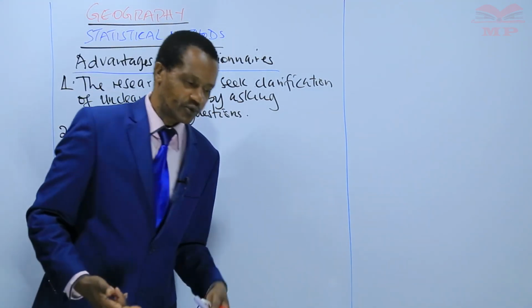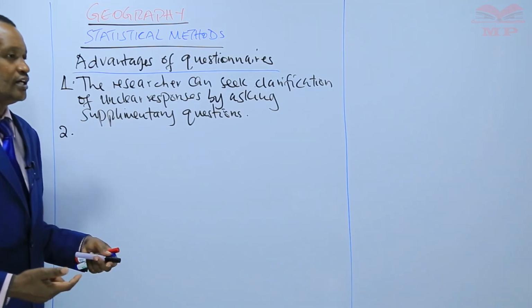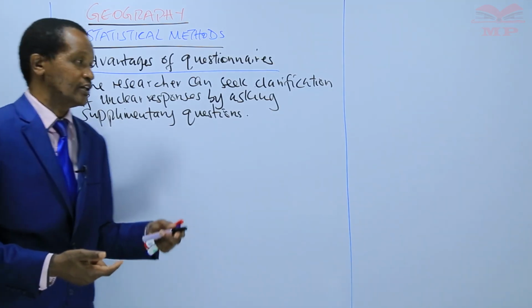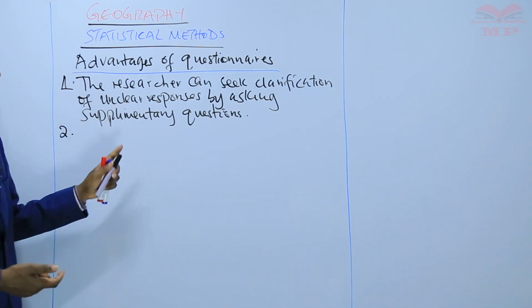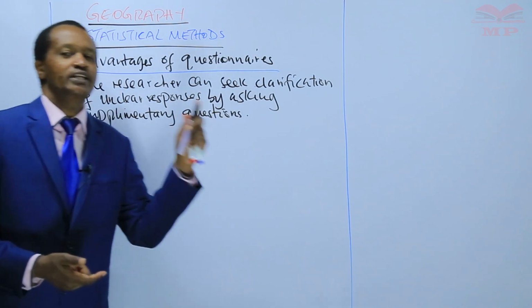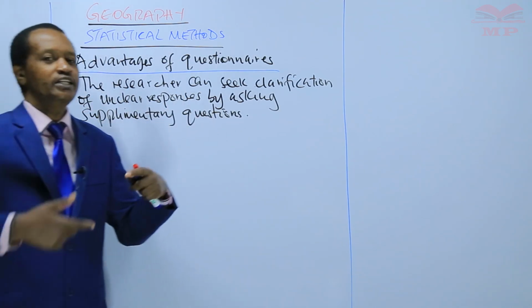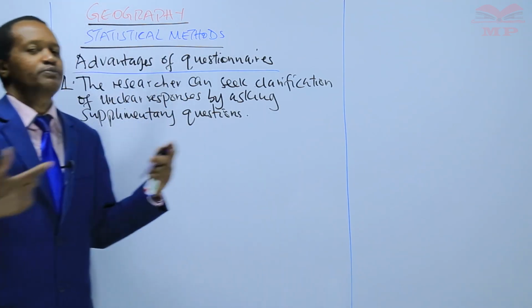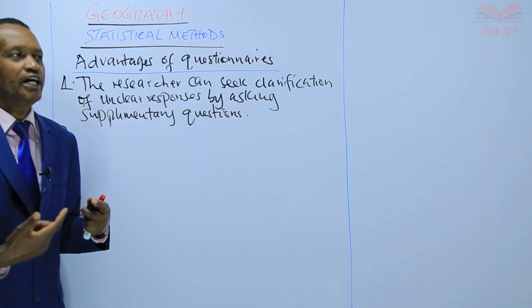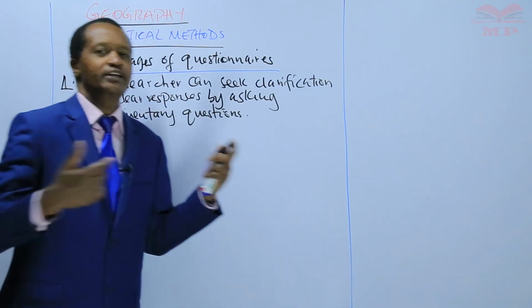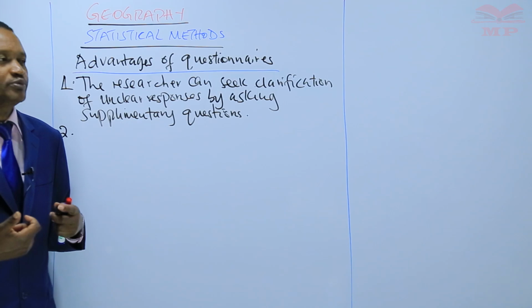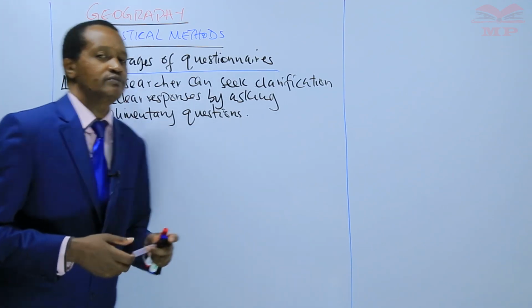So when the respondent is having fears, an advantage of using a questionnaire is that the researcher can do what? The researcher can win the trust of the respondent and dispel any fears that the respondent might have.